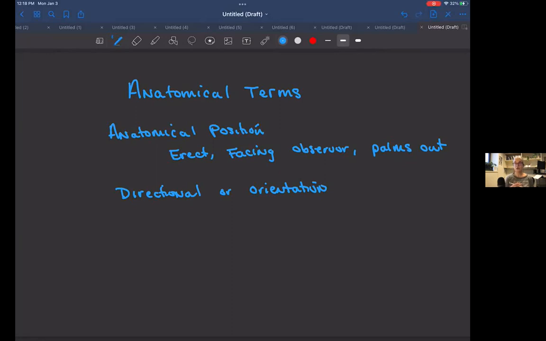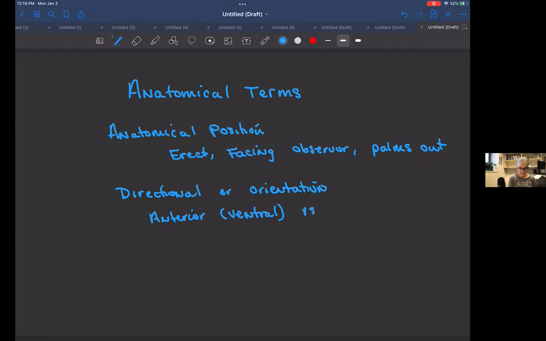So this is easier to understand, the ventral part, the belly side, I guess, if you were like an animal that stood on all fours, because we have the ventral surface, the belly surface, and then we have the dorsal, which is your back. So we have anterior, which is also ventral.